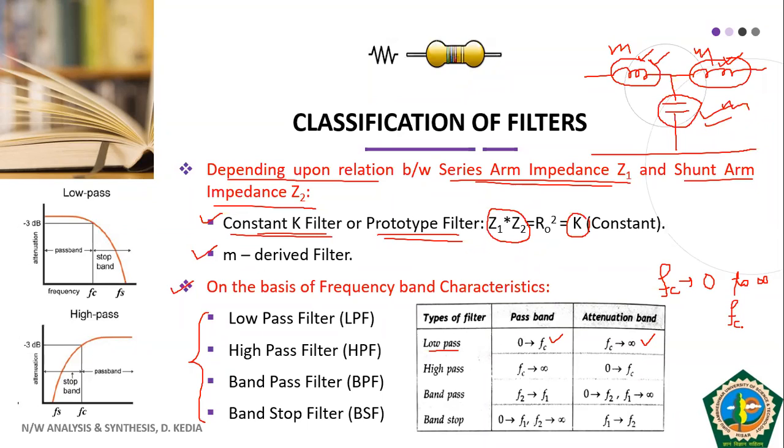For high pass filter, it will pass frequencies from fc to infinity, and it will reject frequencies from 0 to fc.